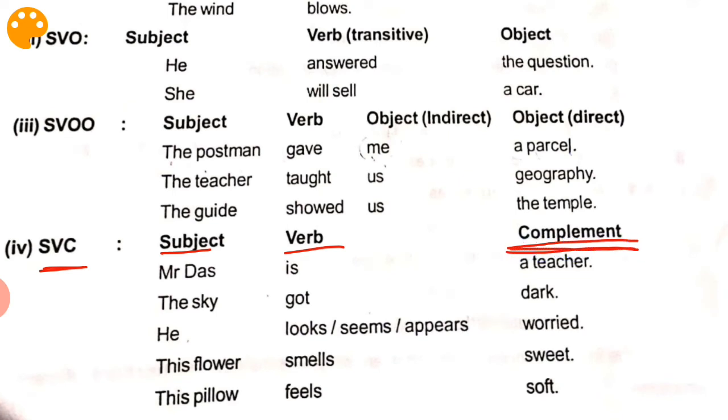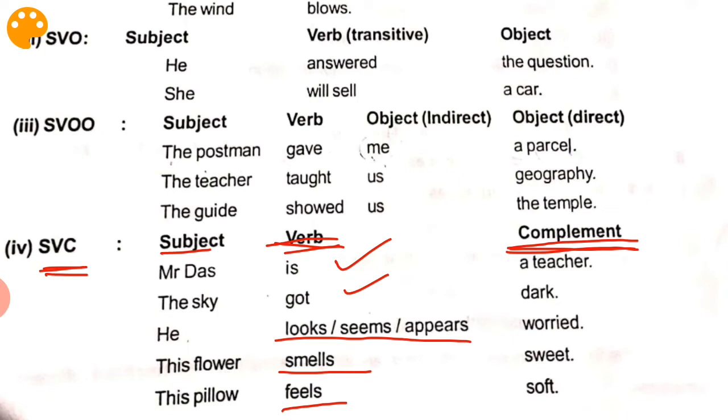Complement. It is also very easy to identify the SVC pattern, because in the SVC pattern the verb belongs to the be verb or link verb. Here are the be verb, got, look, seem, appear, smells, feels; these are the link verbs.